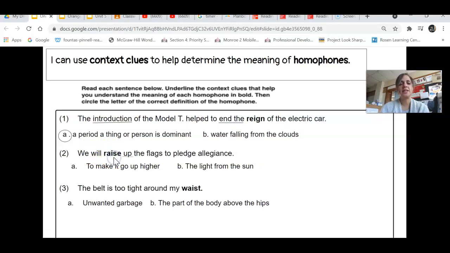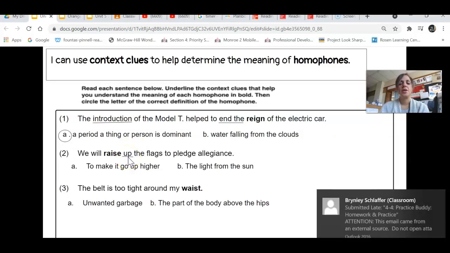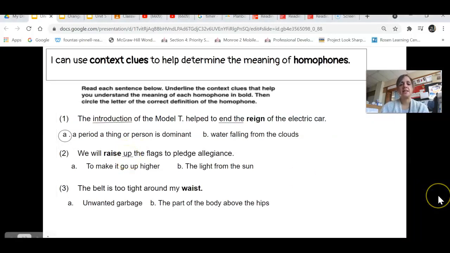Now I'm going to look outside the word and underline those context clues. Up. So this must be the raise where I stand up out of my chair, I lift something higher. Let's plug that in. We will lift up the flags to pledge allegiance. Or we will higher up the flags to pledge allegiance.